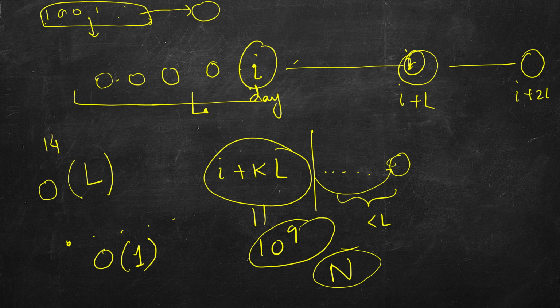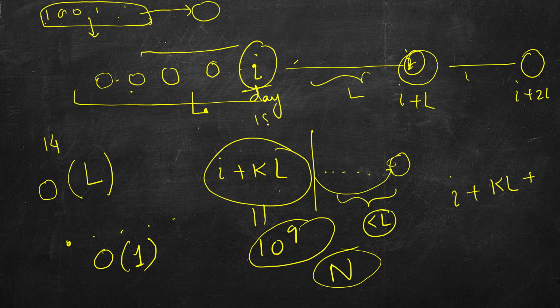So we are on ith day, and there is a loop before it where it first occurred, and again this value has occurred, and again it will occur after L, and so on. So this is I plus KL plus some value less than L. So let's say it occurs at 15th day, then 29th day, then 43rd day, and so on, and let's say our n is 101.